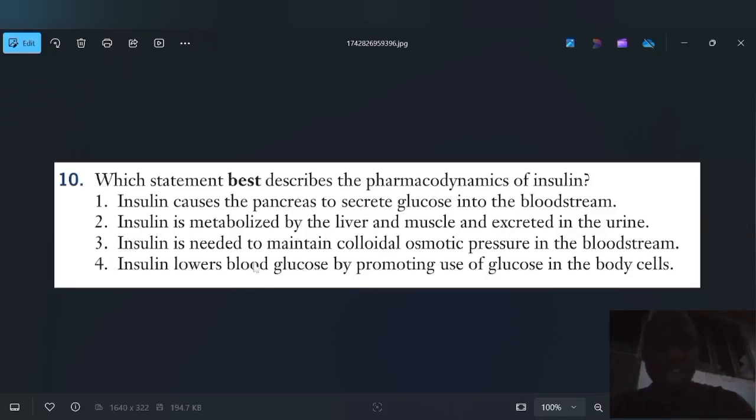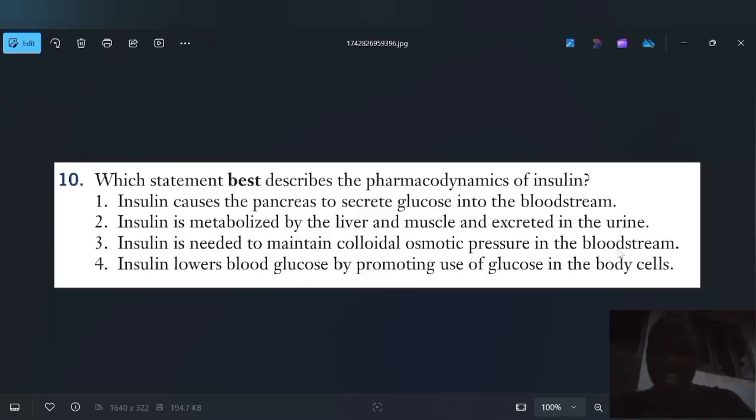Insulin lowers the blood glucose by promoting use of insulin in the blood cells. So, pharmacodynamics refers to mode of action of the drug, whereas pharmacokinetics refers to the metabolism of the drug.